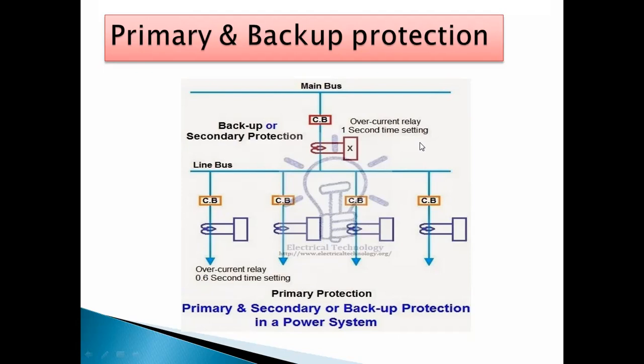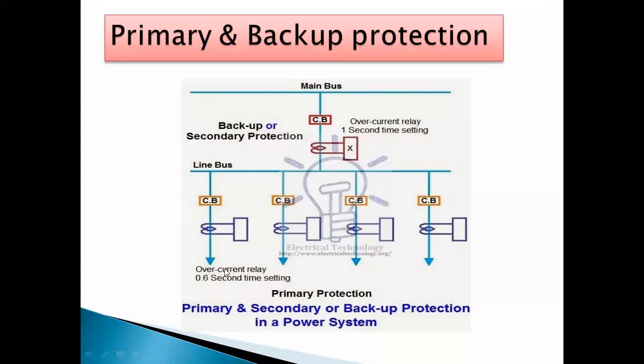Means what? When your primary protection will fail, that is when your relay, which is operating at 0.6 seconds, is not operating or fails to operate, that time the relay for the backup or secondary protection will operate, at the time of 1 second.